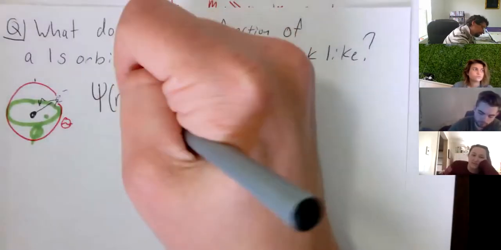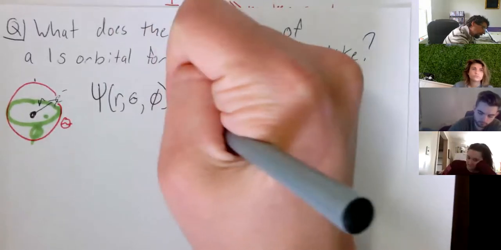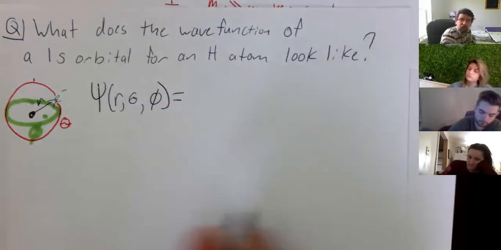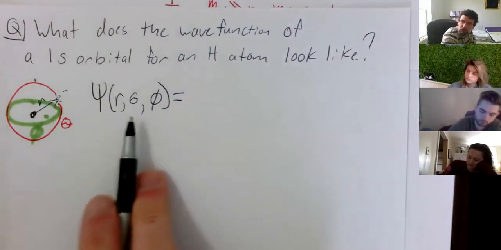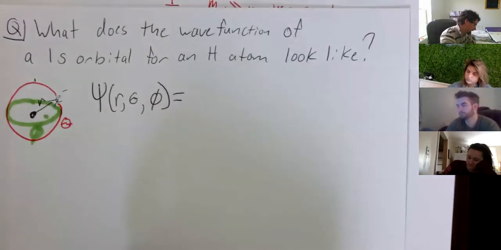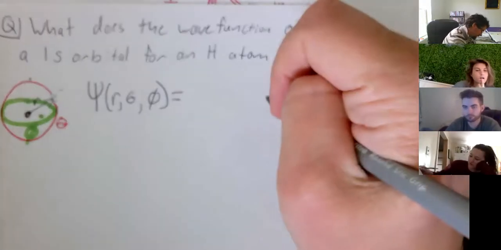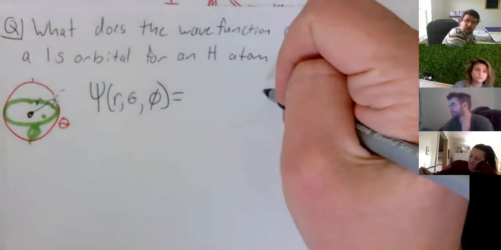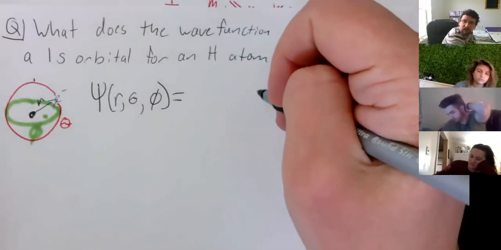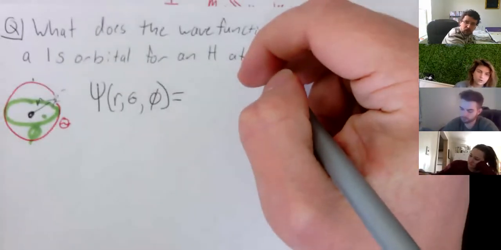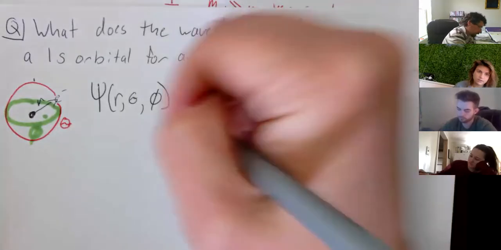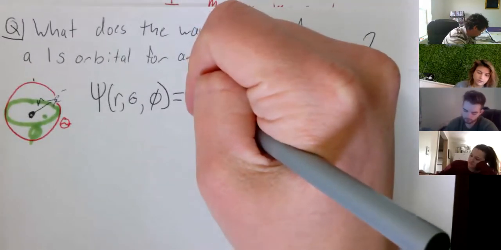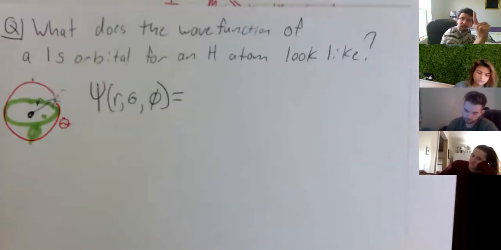Theta. Yep. Now, we said we can break this up into two portions. What are those two portions again? The angular and the radial. Do you remember what symbol we gave the radial part of the function? Radial is phi, angular is phi. Nope.